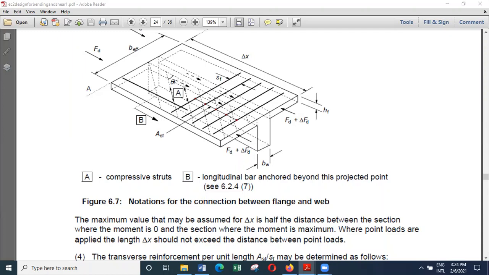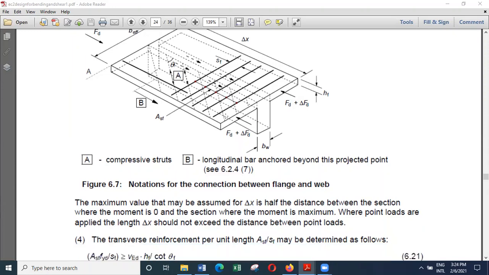Then we also need to know whether we need reinforcement, and if we need reinforcement, how much reinforcement we have to provide. So to determine that, you have to consider the bending moment difference, and to determine the bending moment difference, a recommendation has been made.